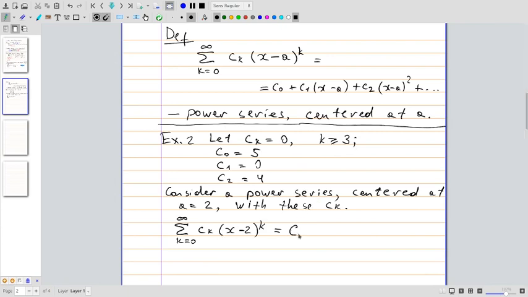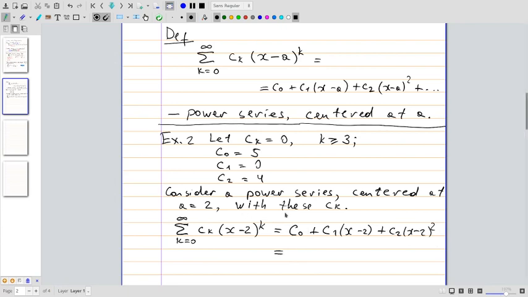Here we'll have c0 plus c1 (x minus 2) plus c2 (x minus 2) squared. And there are no further terms because c3 and so on are all zeros. So this is the entire series.